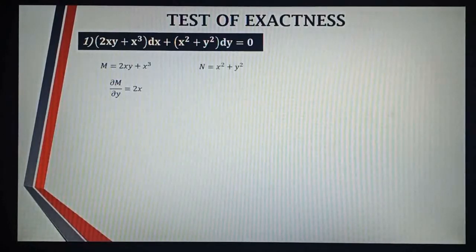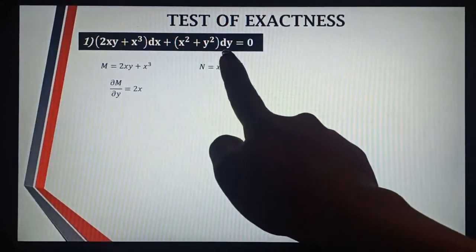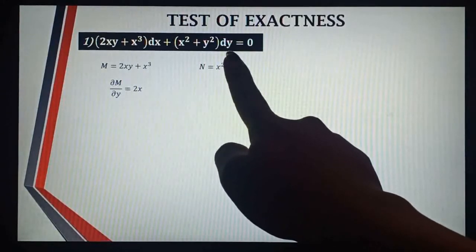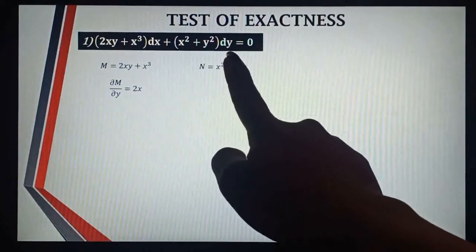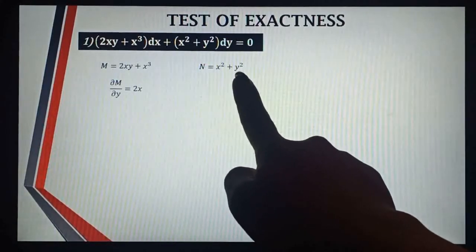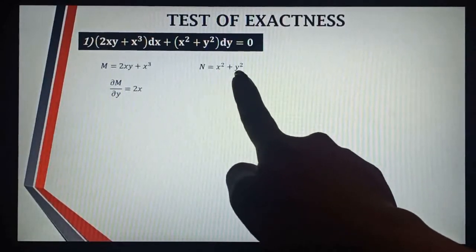Then the next one is your N, which is x squared plus y squared. Since it is multiplied to dy, your partial differentiation should be with respect to x. So the only variable is x, and y is constant, so that should be equal to 0.